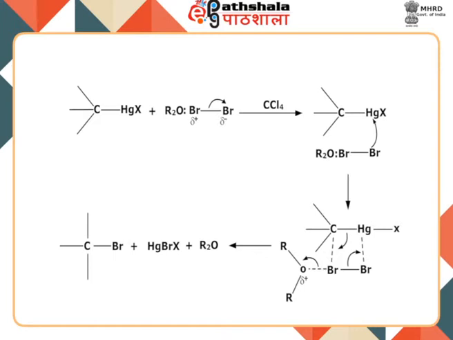Therefore, alkyl mercury compounds react with the bromine ether complex where the close to neutral oxygen carries a partial positive charge and the other bromine a partial negative charge. Thus, it is polarized; in carbon tetrachloride, it reacts to form a 4-member transition state which decomposes to give alkyl bromide.